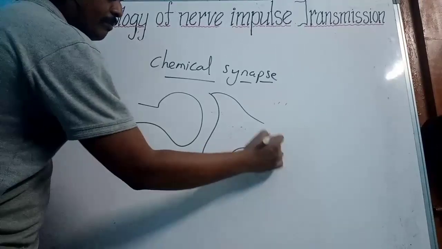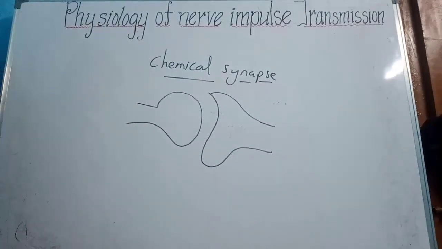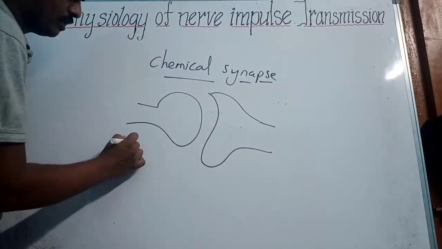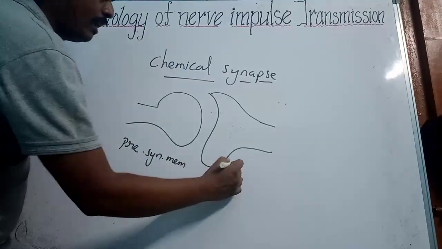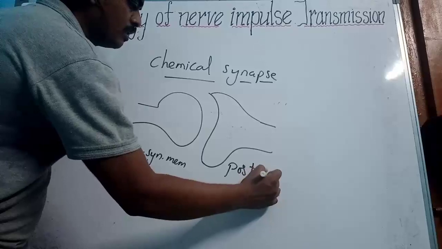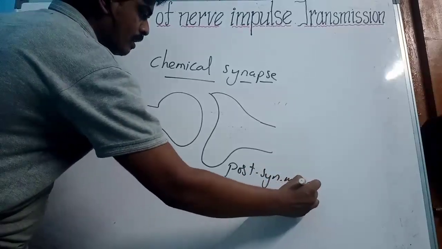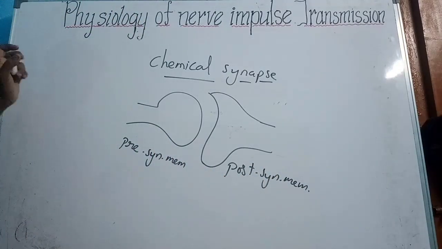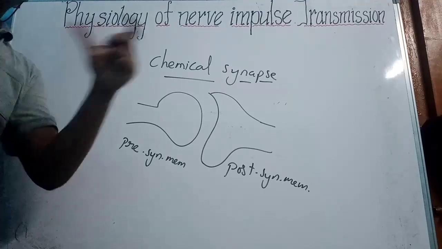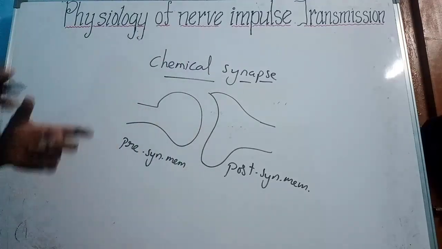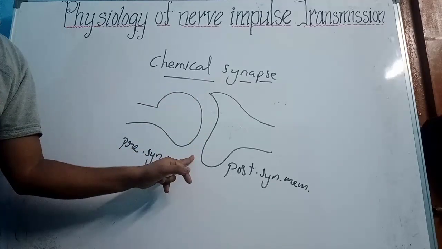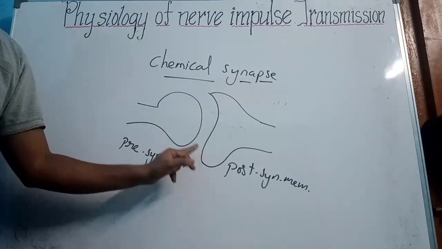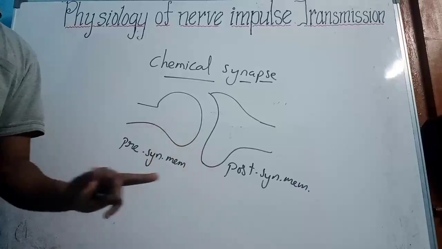So this is the presynaptic membrane, and this is the postsynaptic membrane. Now the difference between the electrical synapse and this synapse is the connection between the two membranes, the presynaptic and the postsynaptic membrane.